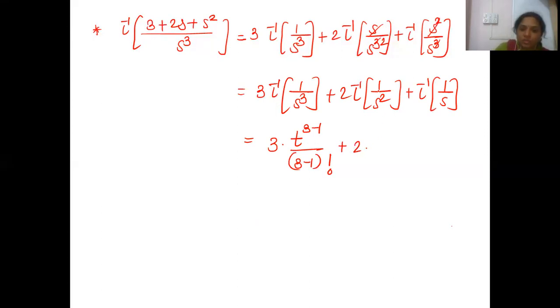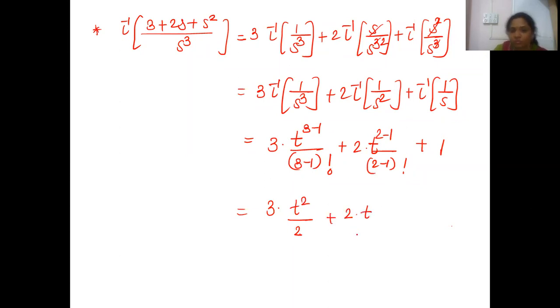Plus 2 into t raised to 2 minus 1 upon 2 minus 1 factorial, which is t. We know that Laplace inverse of 1 upon s is 1. It is 3 into t square upon 2 factorial plus 2 t raised to 1 upon 1 factorial plus 1, and that is the answer.